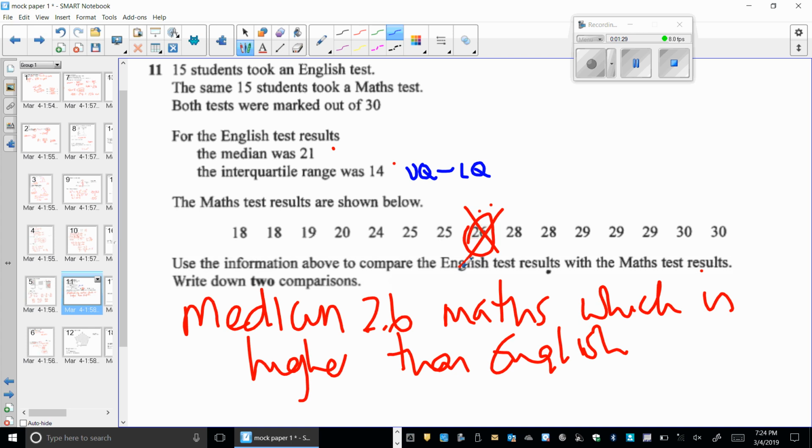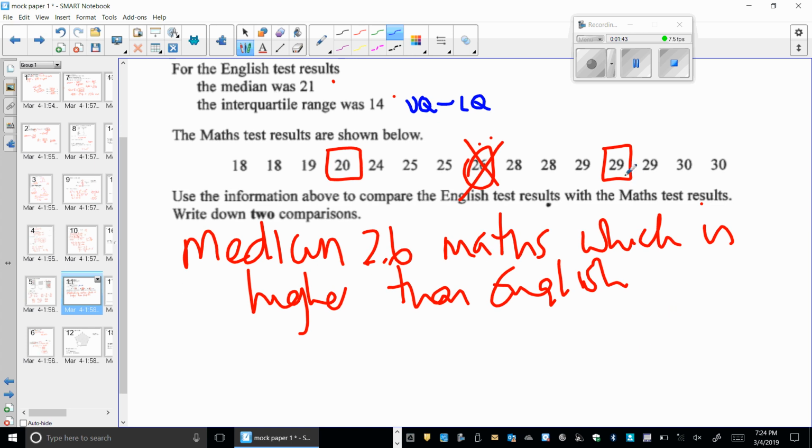You've now got 7 pieces of data at the top, 7 pieces of data at the bottom. So you're going to find the middle of those data. So this would be at the 4th, so that would be 29 and 20. So our upper quartile for the maths results is 29 and our lower quartile is 20.